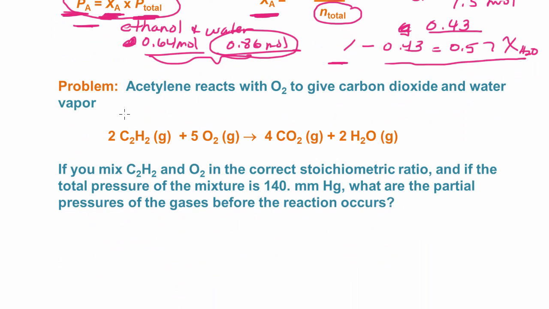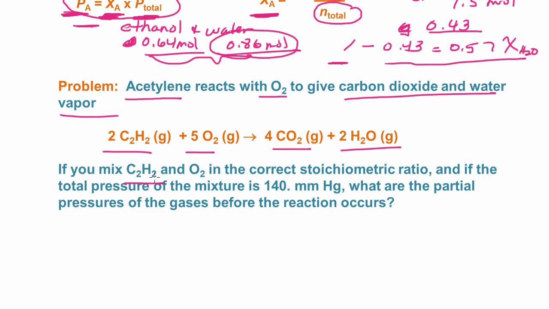Here we have a problem. Acetylene reacts with oxygen to give carbon dioxide and water vapor. So we have 2 moles of acetylene and 5 moles of oxygen react to produce 4 moles of carbon dioxide and 2 moles of water.